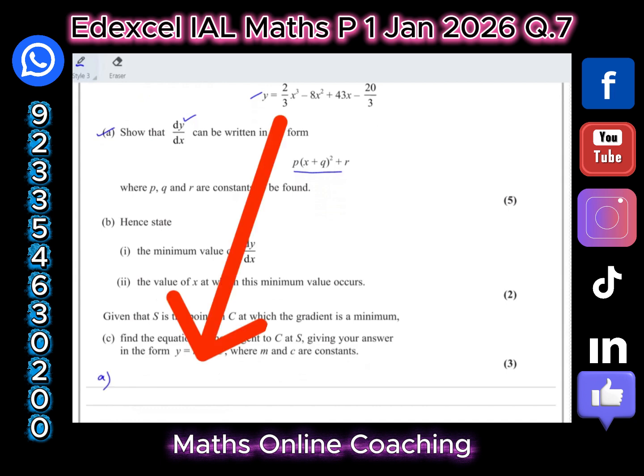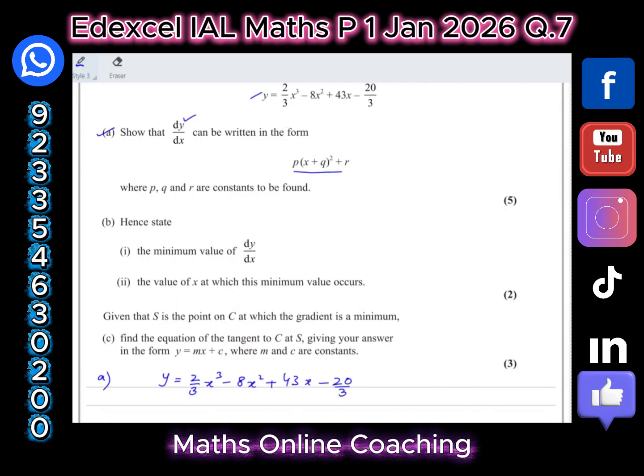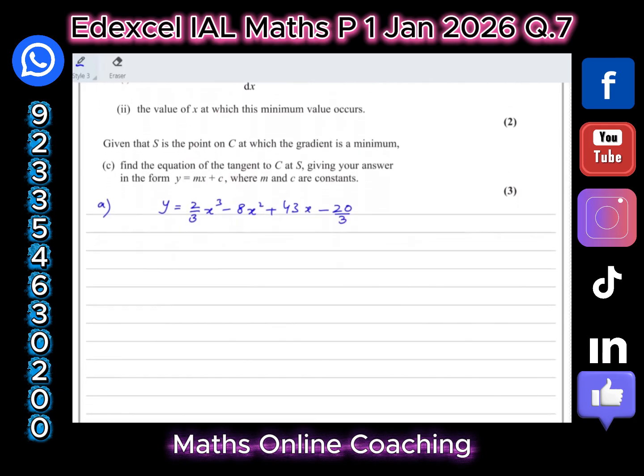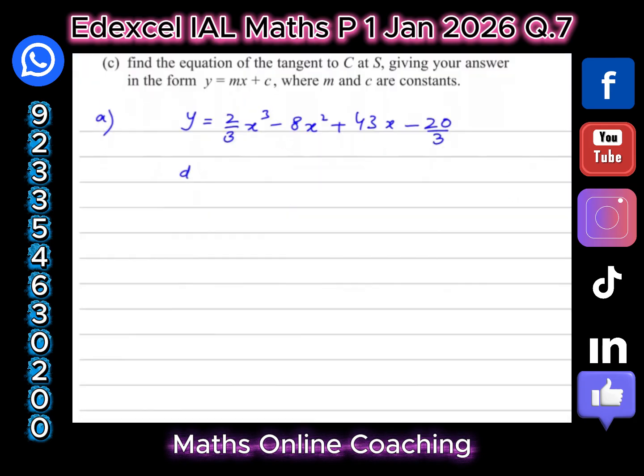Part A, y is equal to 2/3 x cubed minus 8x squared plus 43x minus 20/3. Now differentiating both sides with respect to x, we have dy/dx is equal to 2/3 times 3x squared by using the power rule of differentiation, minus 8 times 2x plus 43 times 1 minus 0.